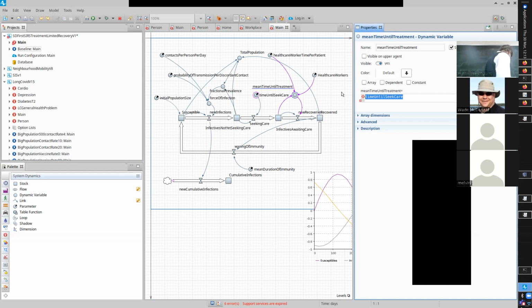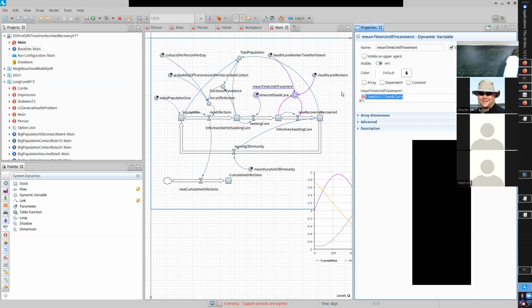Healthcare worker time per patient, I'll call it rho, Greek letter rho. And then we have a certain number of people awaiting care, and I'll call them W, for people waiting.